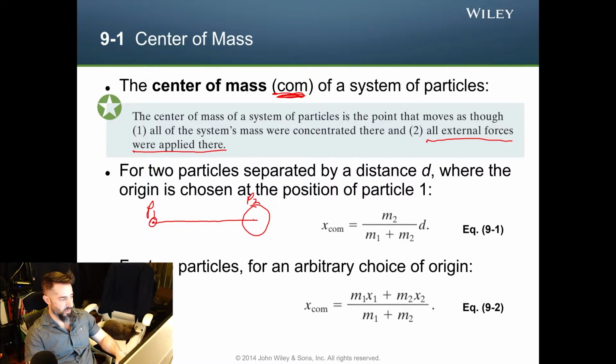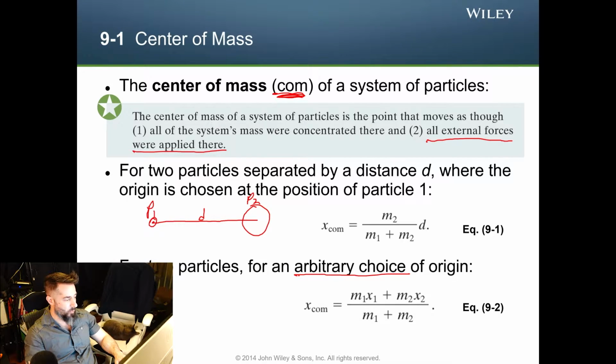And so we look at the distance across, and then we say this is some distance d. Depending on what you want to do for different types of problems is where you're going to use the differences between these two. The two particles, for an arbitrary choice, this is the difference. This is more for like a generalized situation.